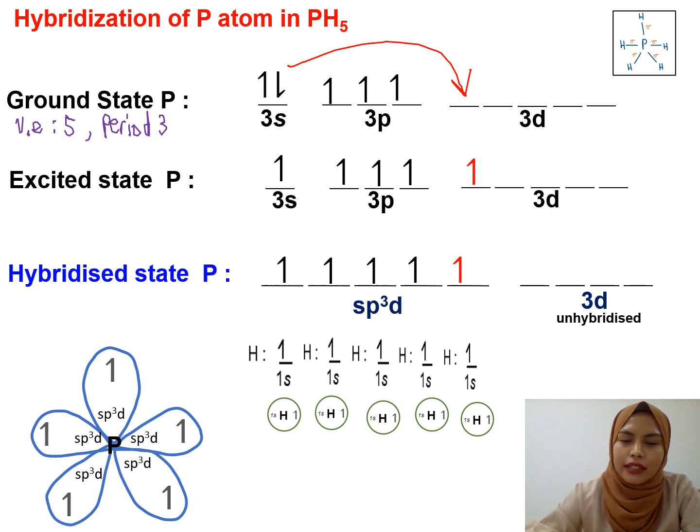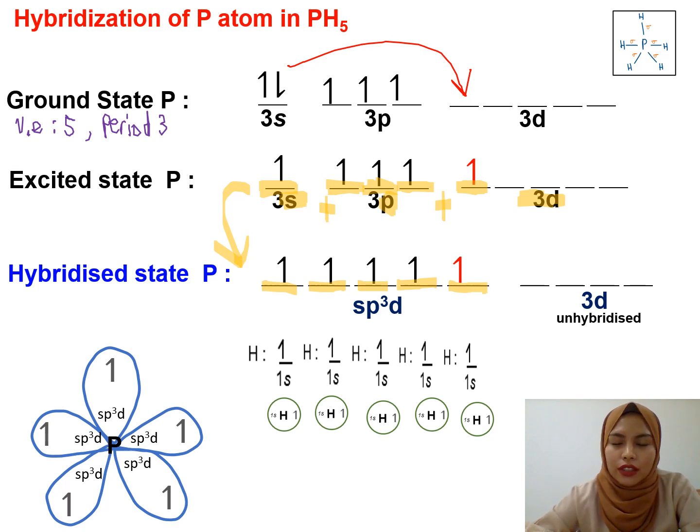Because you mix one orbital s in 3s of P, and 3 orbitals in 3p of P, and also one orbital in 3d of P. So one s orbital is mixed with 3 p orbitals and also with one d orbital. That's why you will have 1, 2, 3, 4, 5, you will have 5 new sets of hybrid orbitals, sp3d.